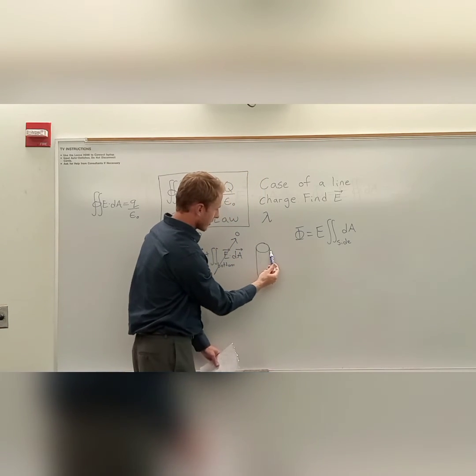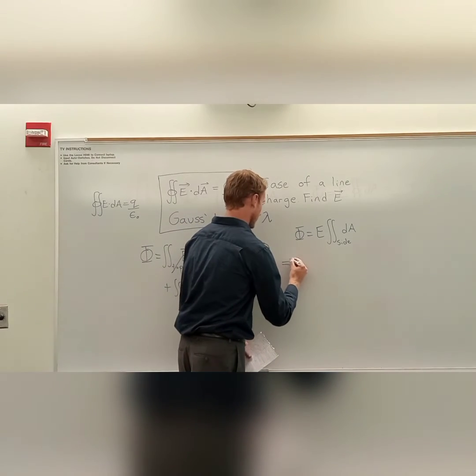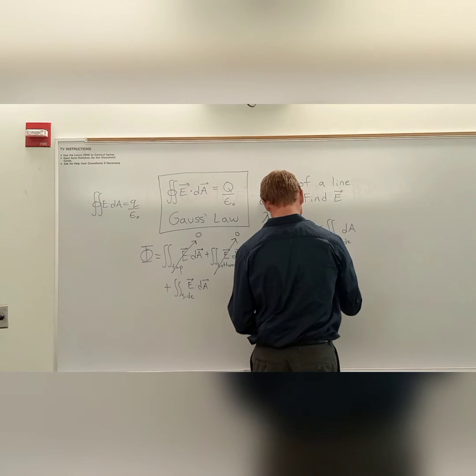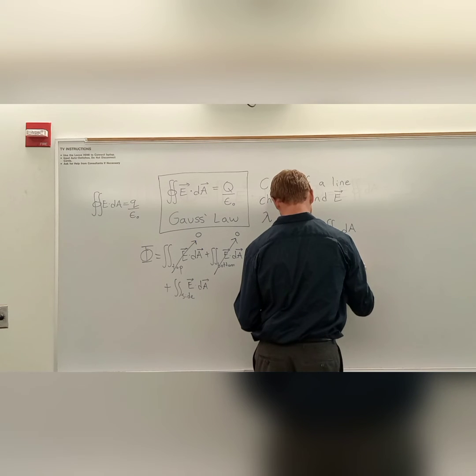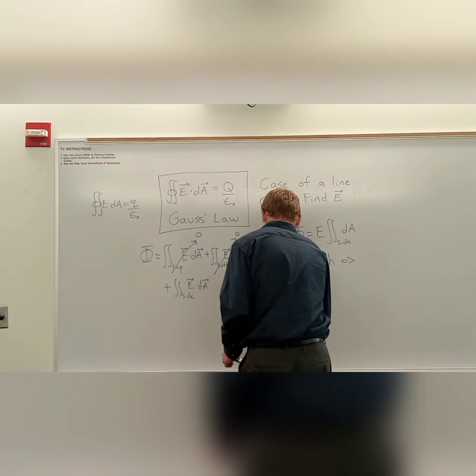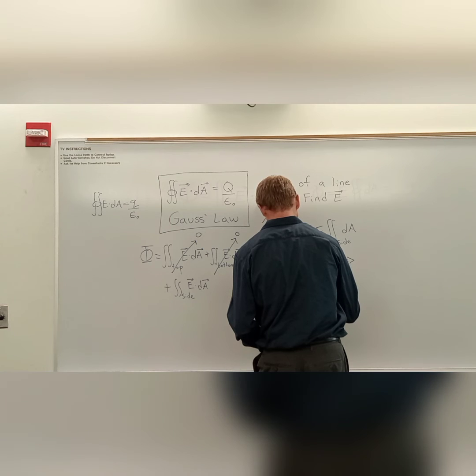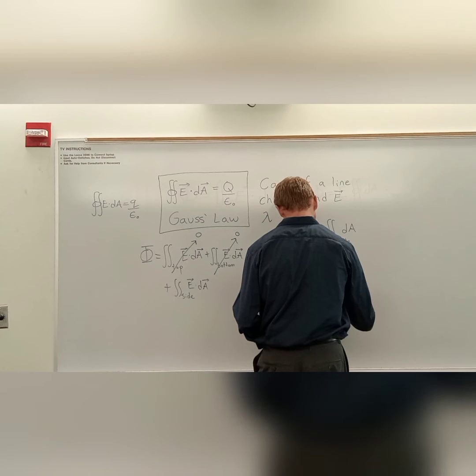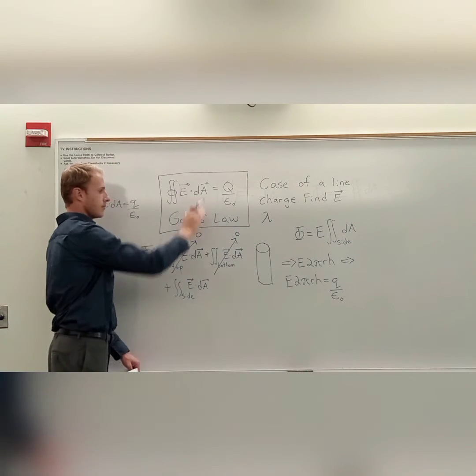This would be the circumference wrapped around times the height of the cylinder H. So we have E 2 pi r H, which equals Q, our charge, over epsilon naught, which is Gauss's law.